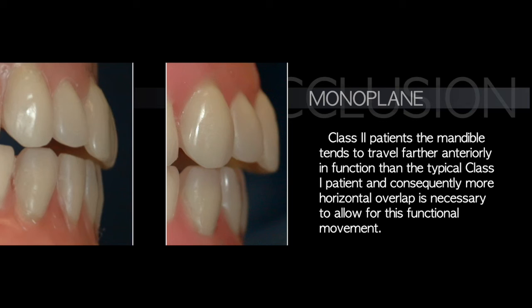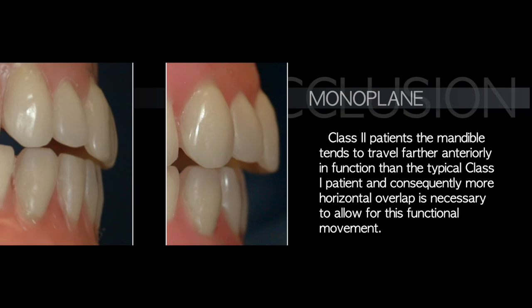In monoplane occlusion with a class 2 patient, the mandible tends to travel farther anteriorly in function than in the typical class 1 patient, and consequently more horizontal overlap is necessary to allow for this functional movement. So class 2 patients tend to move a much greater range of protrusion.